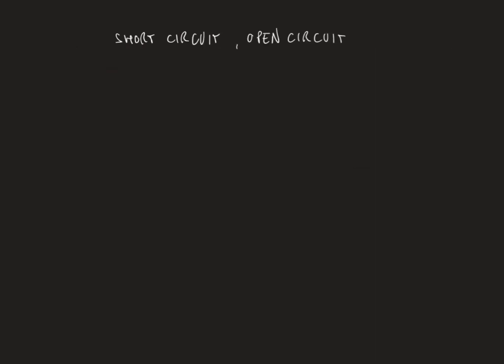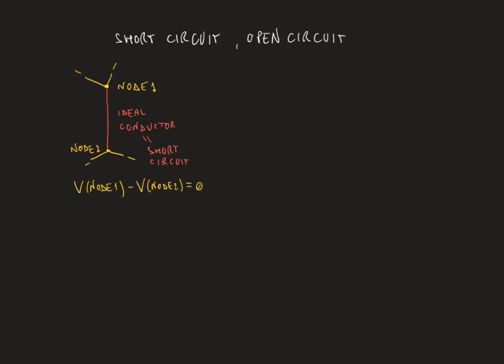To describe the operation of the ideal voltage source when it is switched off, I have used the expression short circuit. By short circuit, we mean an ideal conductor connecting 2 points or nodes in a circuit. The fact that the conductor is ideal implies that when the two nodes are connected together, the potential difference between them becomes zero.